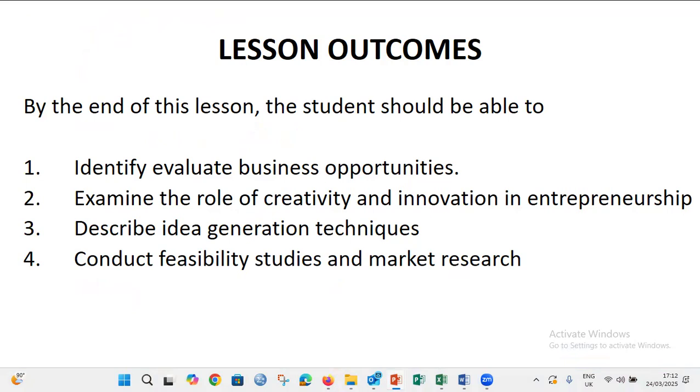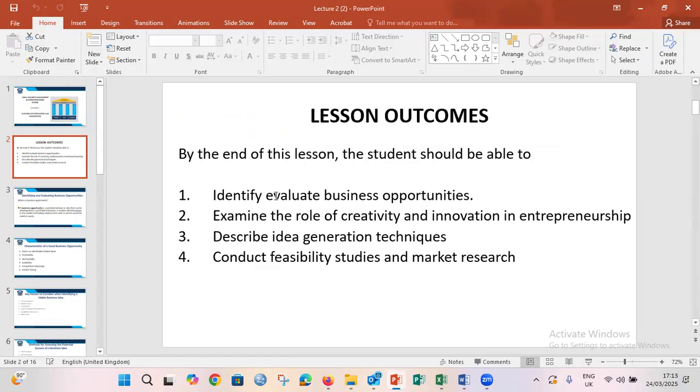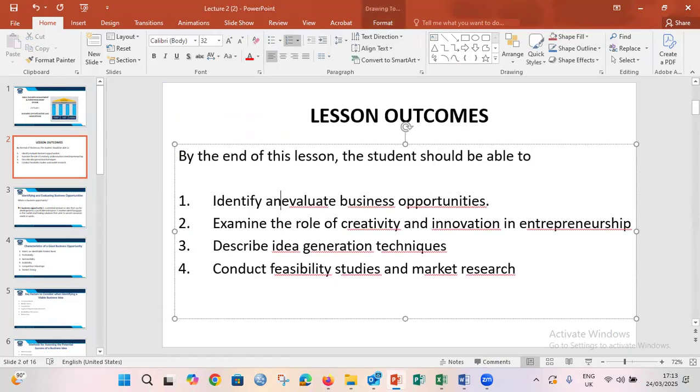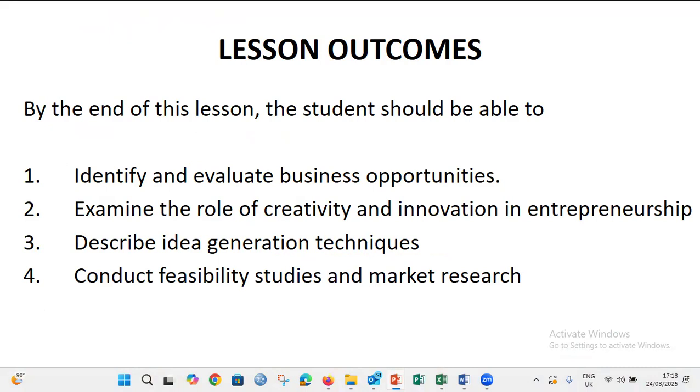So by the end of this class, you should be able to identify and evaluate business opportunities, examine the role of creativity and innovation in entrepreneurship, describe the idea generation techniques, and conduct feasibility studies and market research.